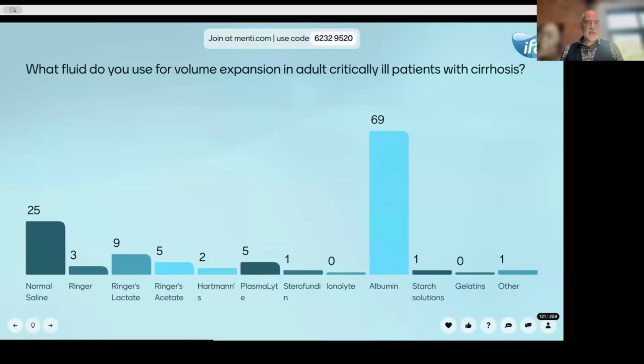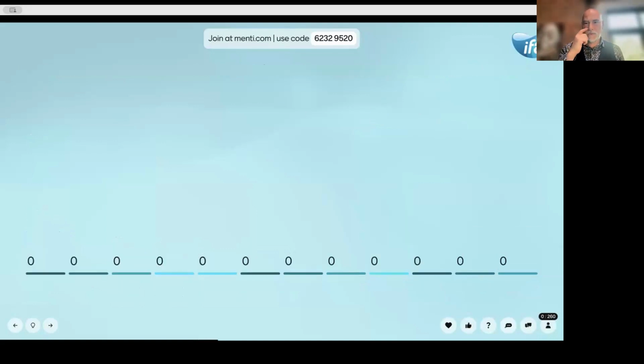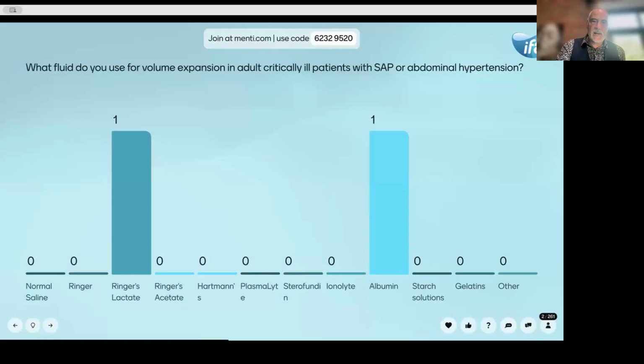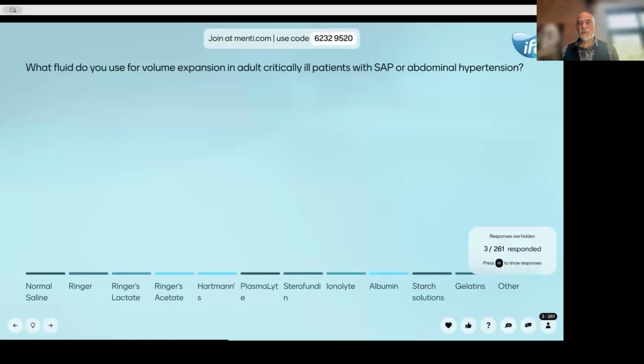Okay, so now for cirrhosis, we see a clear preference for albumin solutions, and then a mixture of balanced and normal saline. And here, one of my favorites, severe acute pancreatitis with intra-abdominal hypertension. So what is your fluid of choice if you want volume expansion? Vote now, quick, and then it will be my pleasure to introduce Professor Yaseen Arabi.